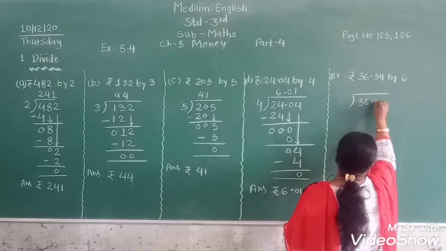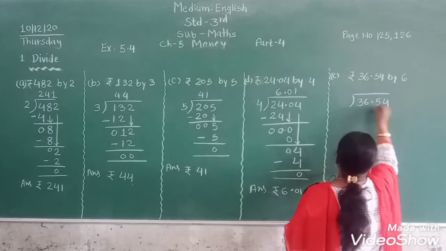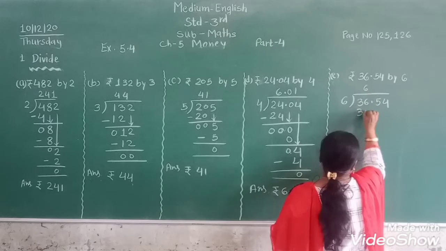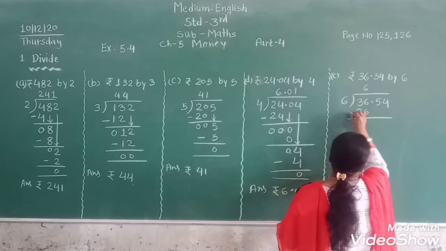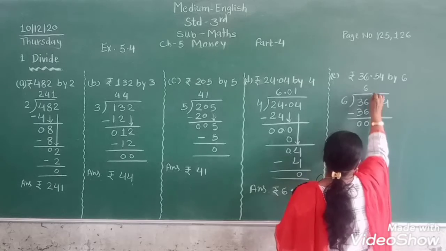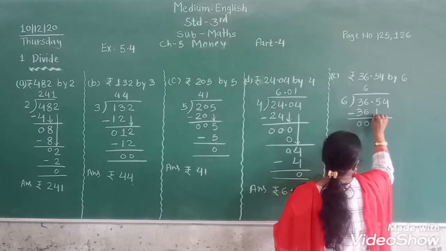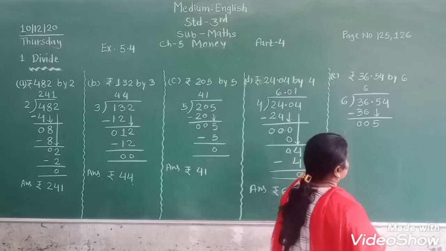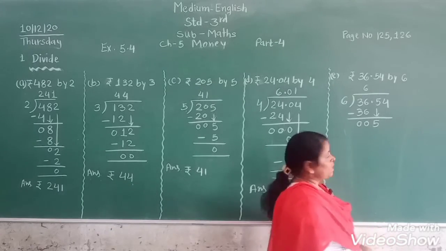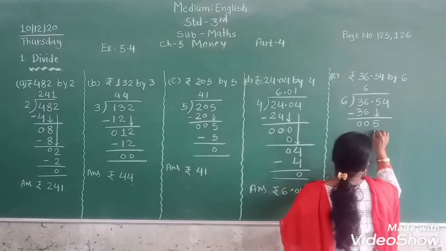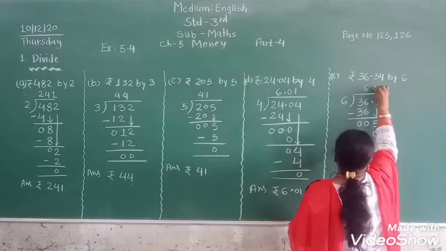Now E number, rupees 36 and 54 paise divided by 6. 36, 6 6s are 36. 6 minus 6, 0, 3 minus 3, 0. Now 5. Okay, we cannot divide 5 by 6, so we put down 0, here also 0.